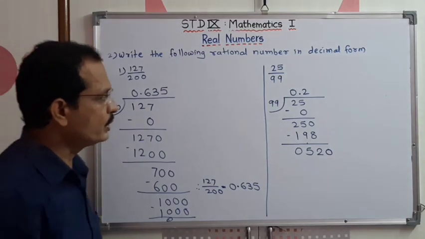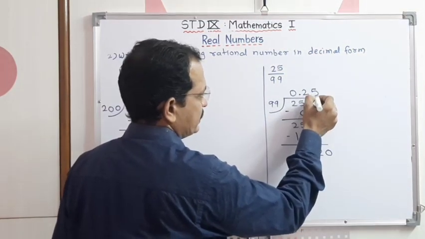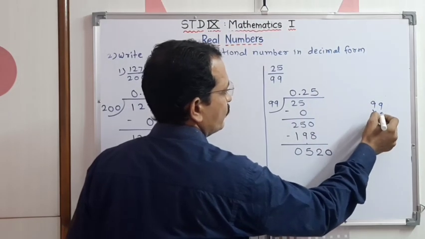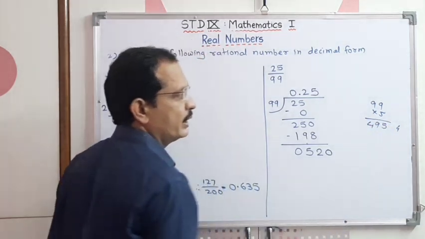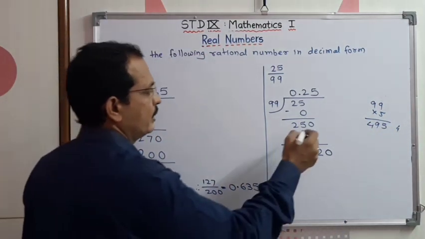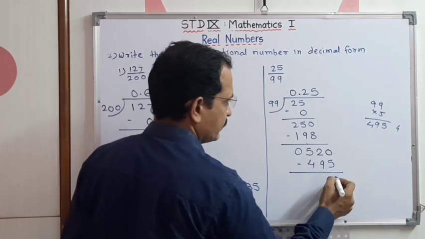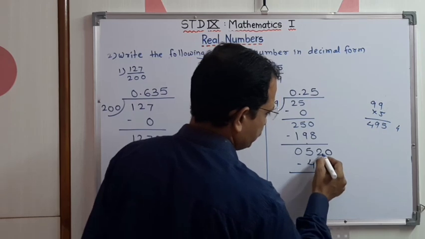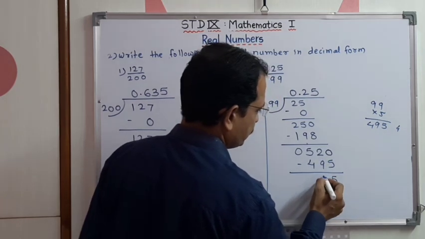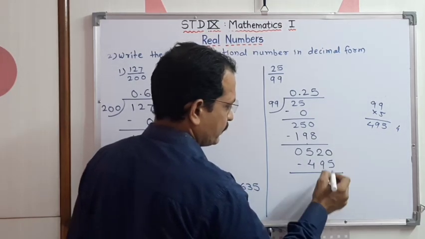Then we have to do the division. 99 fives are, see here, 99 into 5, 495. Therefore it is 495. It is 5. It is 25.